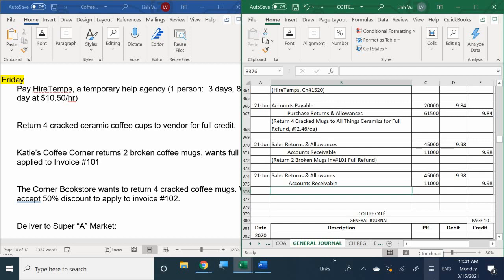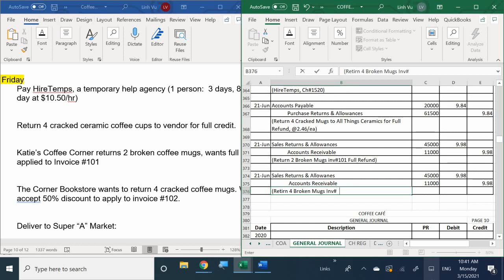So in this case, what are we going to write here? Return 4 broken mugs. That's 1 for 2. 50% discount. Good. Return 4 broken mugs.